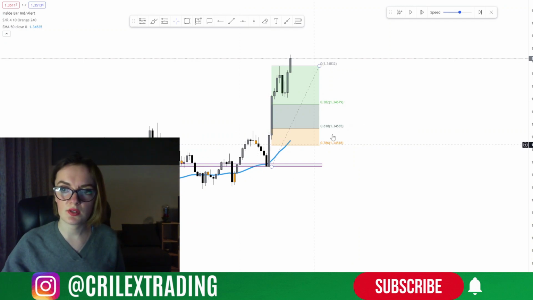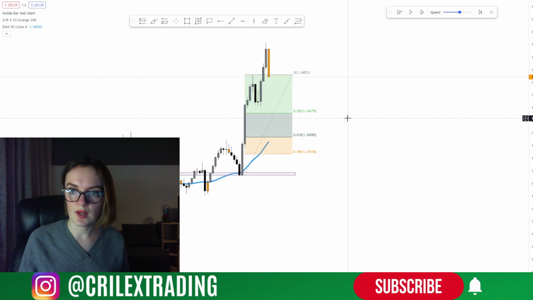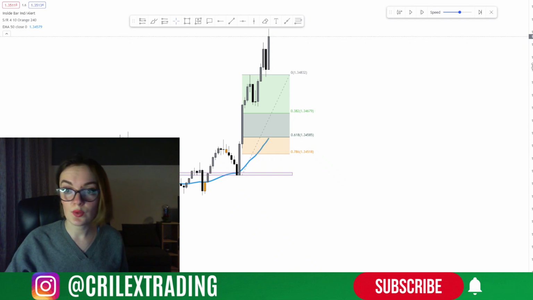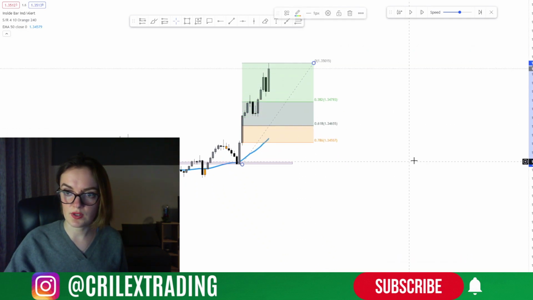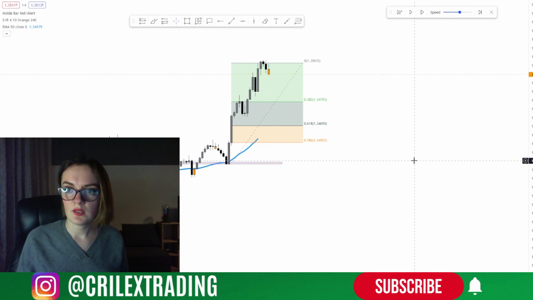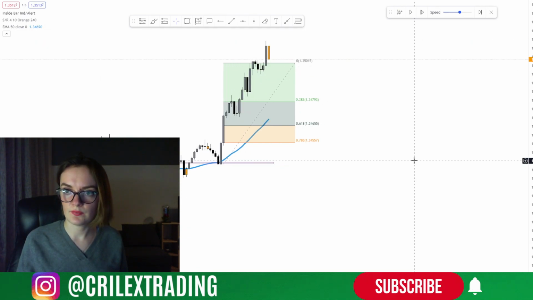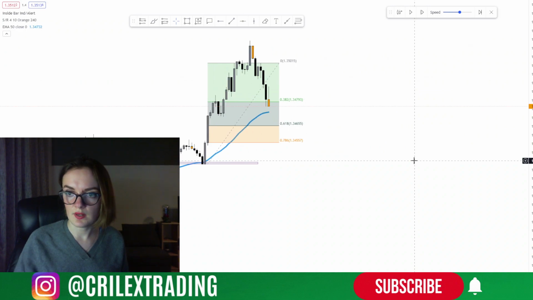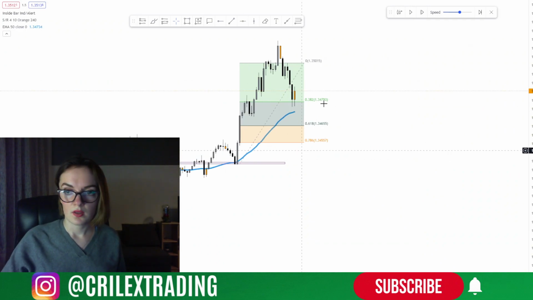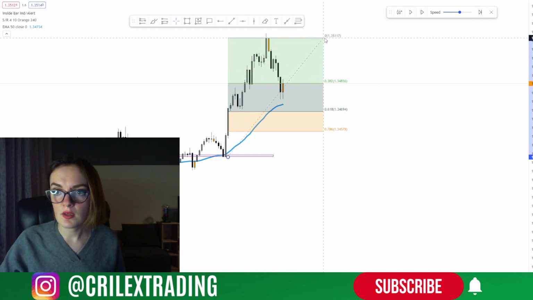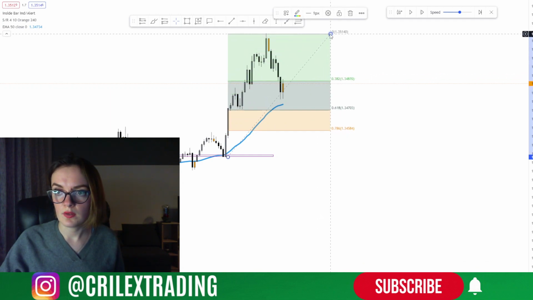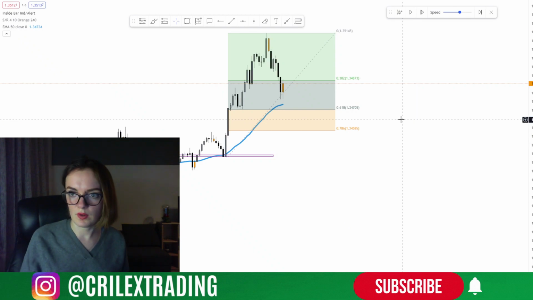Actually, the impulse is still to the upside and it's huge. So we are going to drag our Fibonacci until we have a clear nice retracement. All right. I think here, no, we have no confluences here.